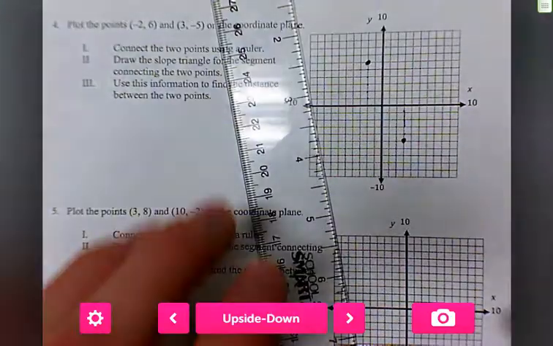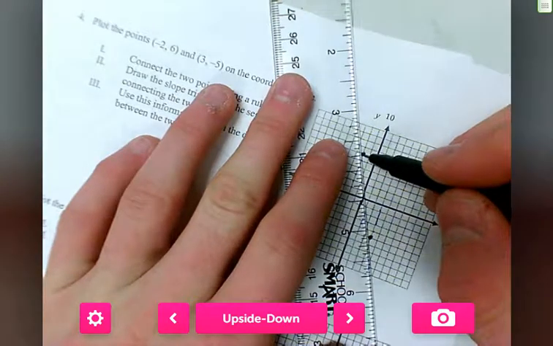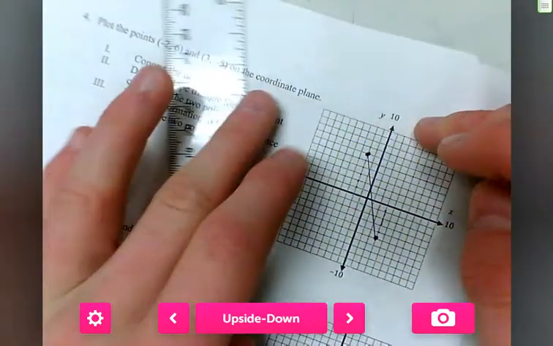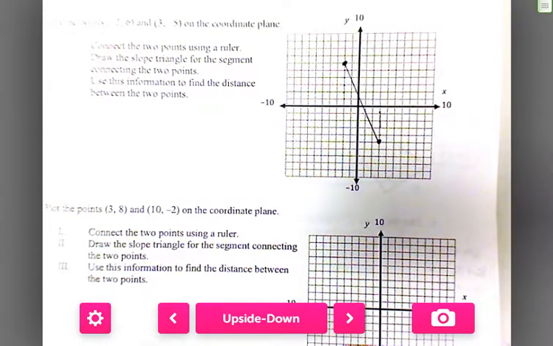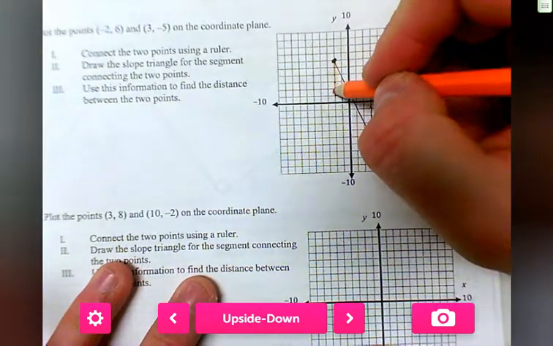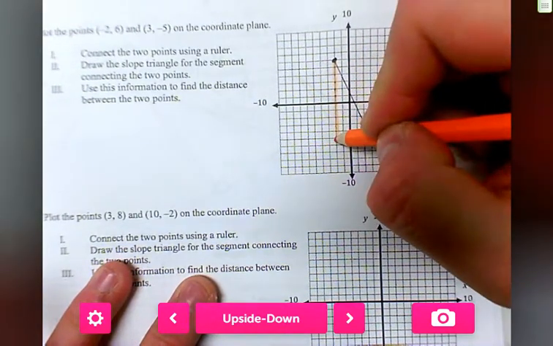And then you've got to draw that line between the 2 points. Again, this sounds like what we did already. We're going to make the triangle.